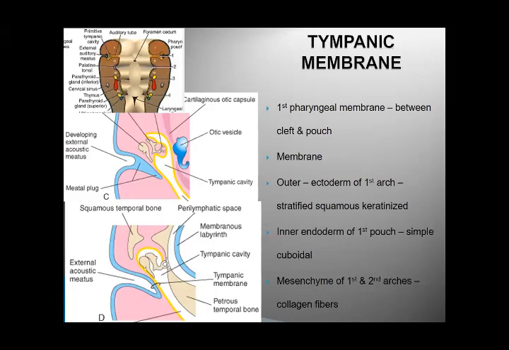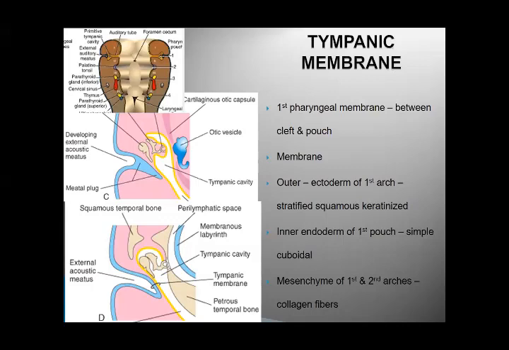They do not fuse because in between the two, you see some mesenchyme being trapped. So a layer of endoderm on the inside, then comes mesoderm, and then comes a layer of ectoderm. Together, they make up this structure which is called tympanic membrane.